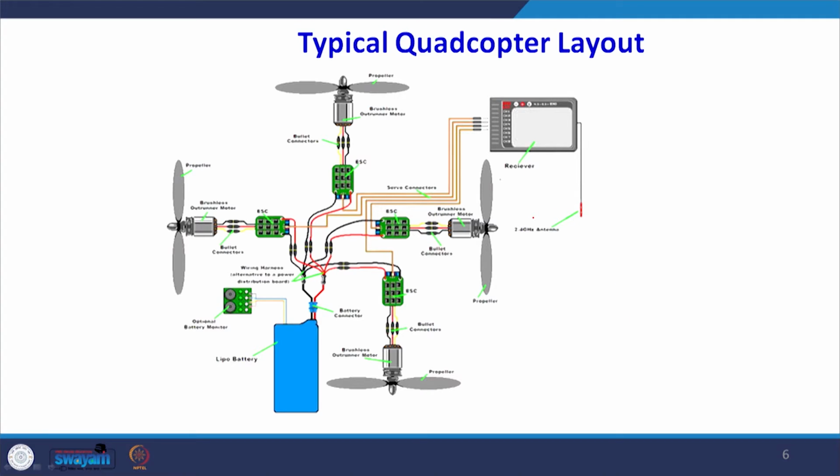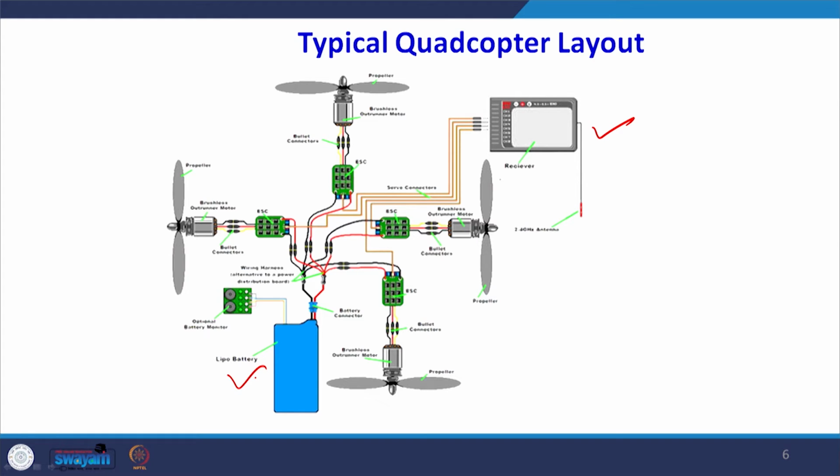This is a typical diagram of the quadcopter. Four wings are there. This is a typical layout which shows the various electrical and electronic components, how they are connected with each other, and how they are communicating with the receiver. There is a power source which is a lithium polymer battery, LiPo for short.